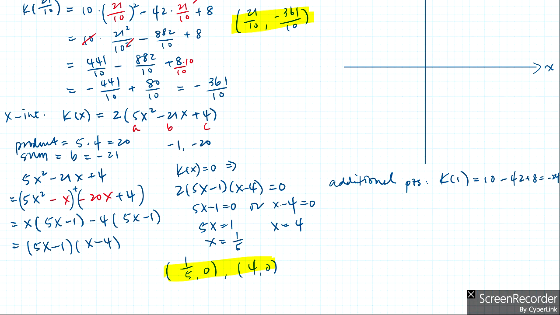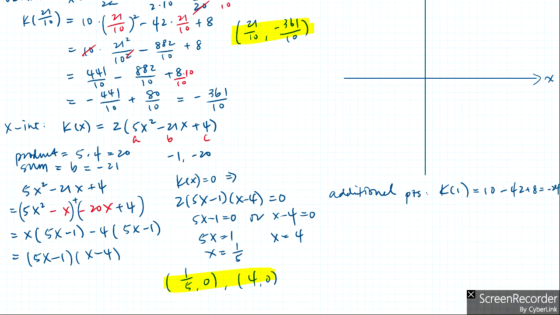If I want to find its mirror point for (1, negative 24), remember the axis of symmetry is x equals 21 over 10. And this is greater than 1, so I know my point (1, negative 24) is going to be to the left of the axis of symmetry. Now finding the distance between the two, we are going to get 11 over 10.